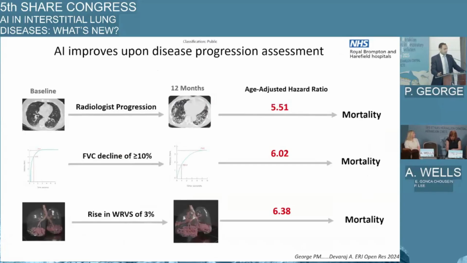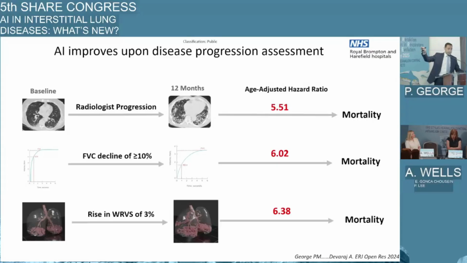This is a study, again using the E-Lung WRVS score, where we compared the ability for radiologists to define progression at a year, lung function progression at a year, and the quantitative CT tool at 1 year. So we took 2 time points, baseline and 12 months. We looked for changes between the two, and then we looked at the discriminatory ability to define mortality thereafter.